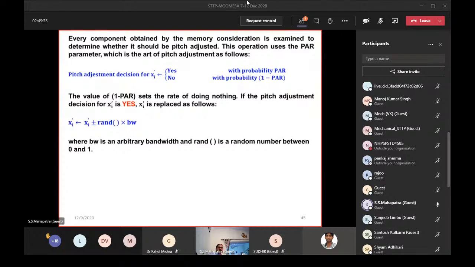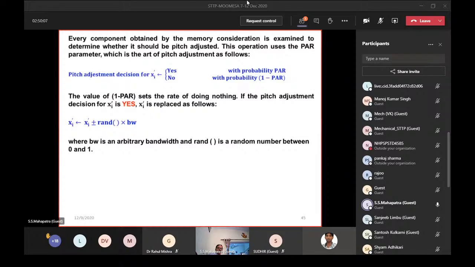So for pitch adjustment, whether the value that you have chosen needs any pitch adjustment or not can be given by a probability. So the pitch adjustment decision for xi prime is yes with probability pitch adjustment rate, PR. It does not require any pitch adjustment with probability 1 minus PR.